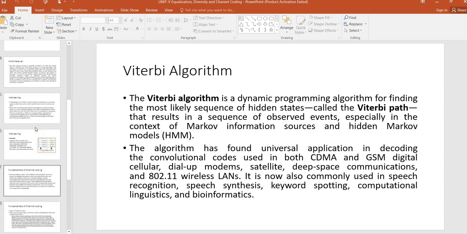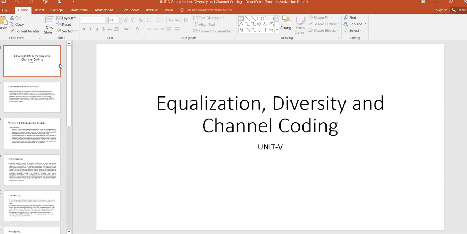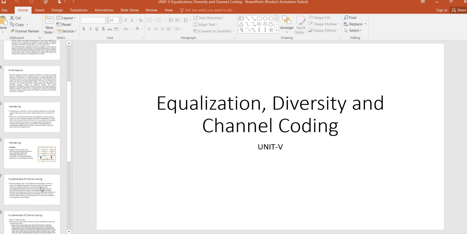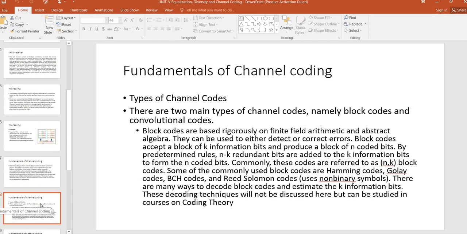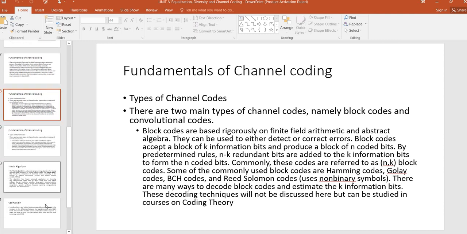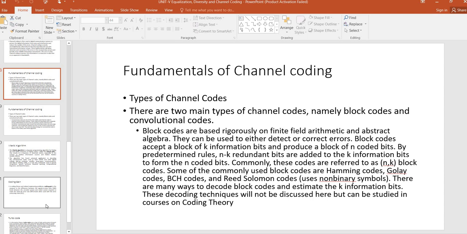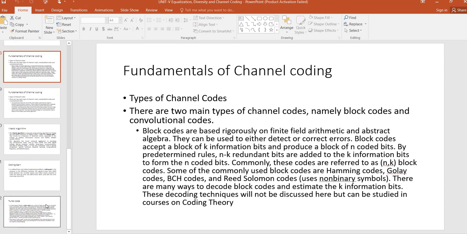Now we have completed this Unit 5: equalization, diversity and channel encoding. Those turbo codes and all these things are very important in the fundamentals of channel encoding. Under this channel encoding we have different types: Viterbi, coding gains and turbo code.